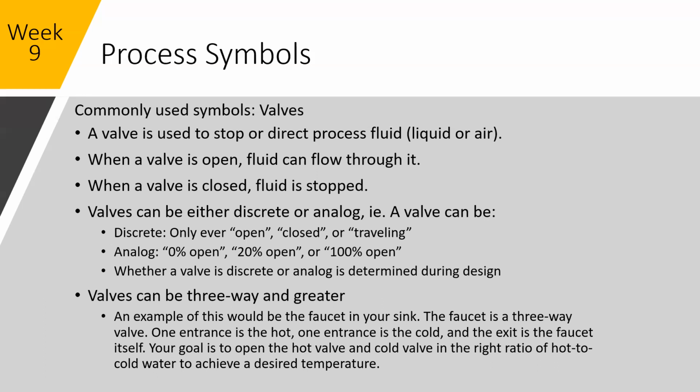One is for hot water, the other is for cold water, and the water that exits the faucet itself would be the third. So there'd be a mixing valve, and the valve you control with your hand would be mixing the right ratio of hot to cold to wash your hands or wash your dishes. Three-way valves would be a modulating valve that would work very much the same.